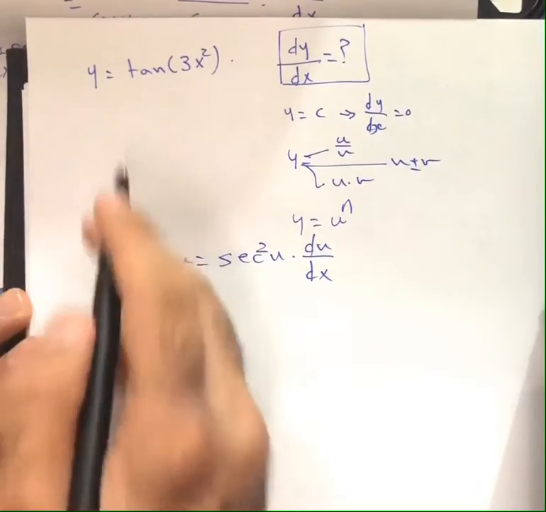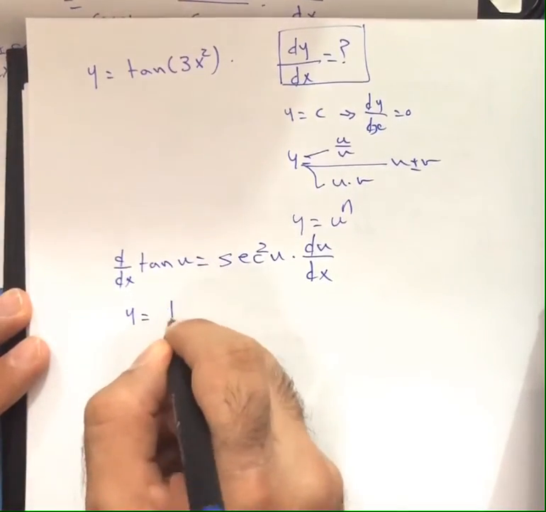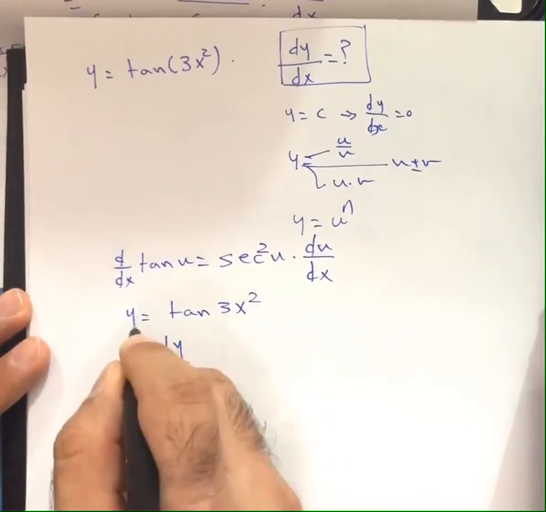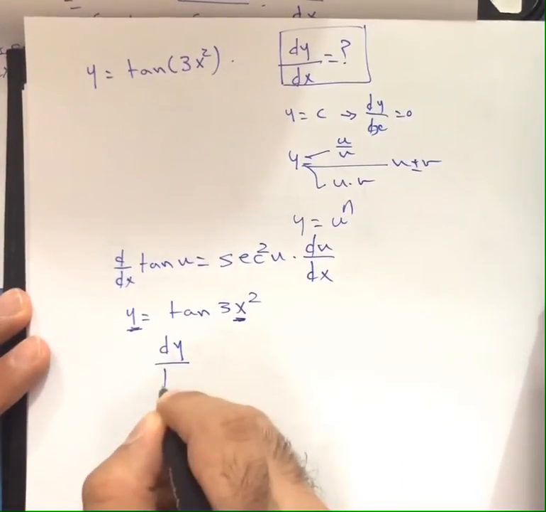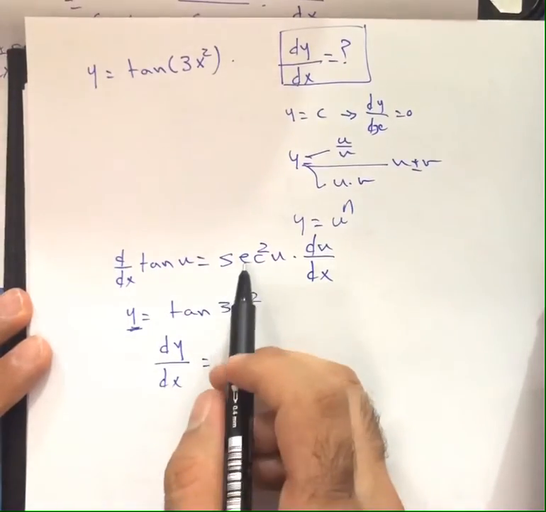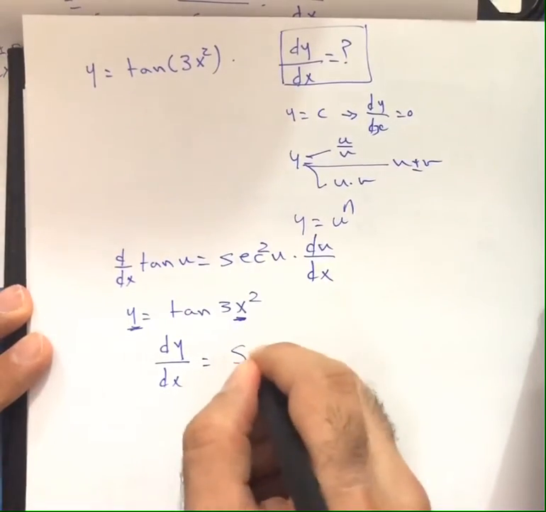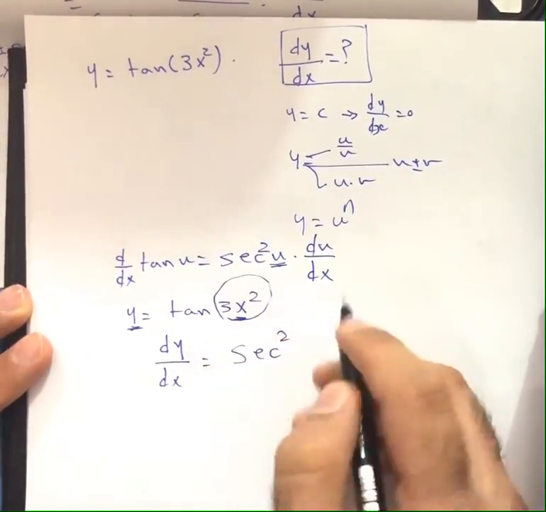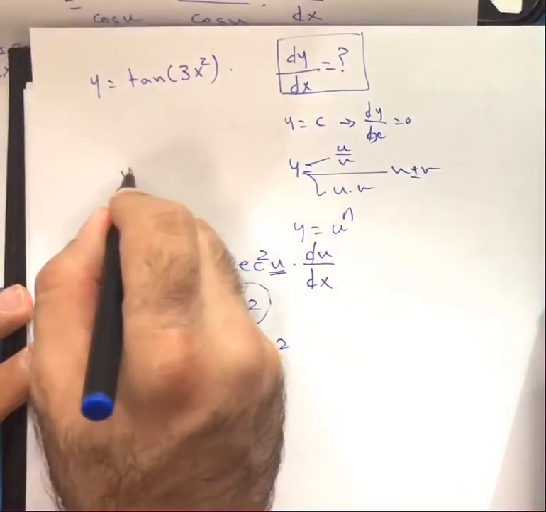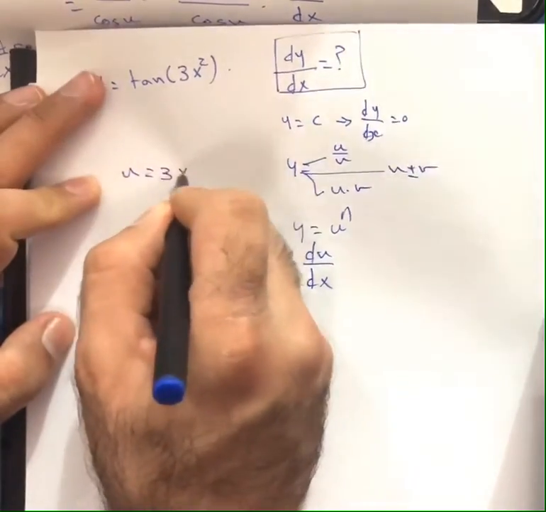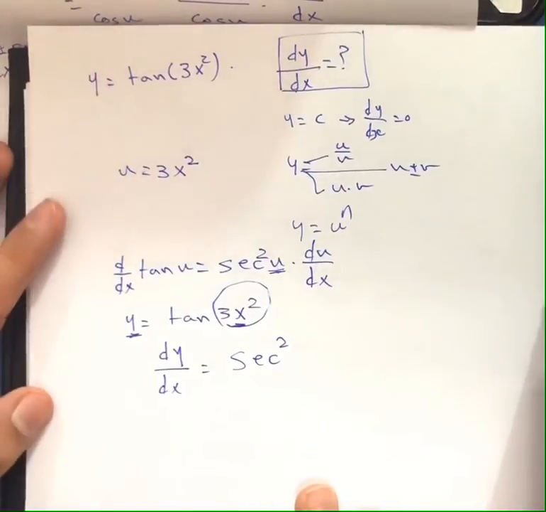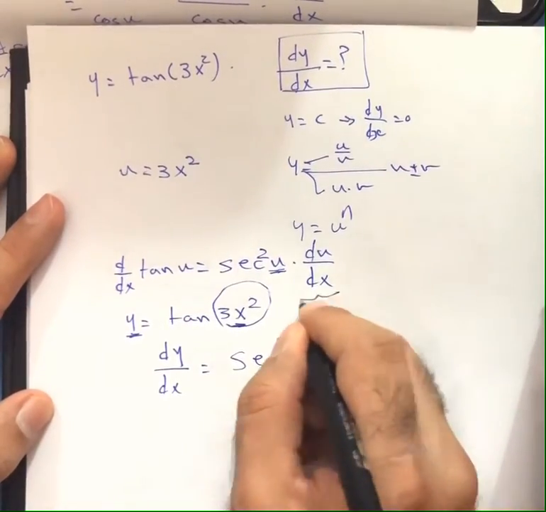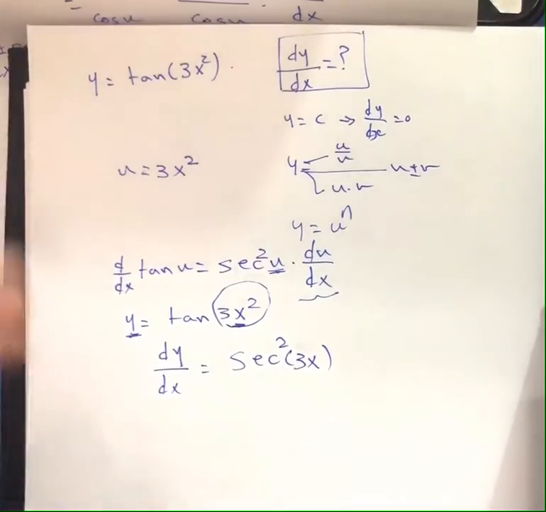I can write this y equal to tan 3x squared. Then dy with respect to x equal to, according to this function, is sec square u, and this represents u. Okay, so that u is equal to 3x squared. In this way, this will be sec squared 3x squared multiplied by the derivative of u with respect to x.